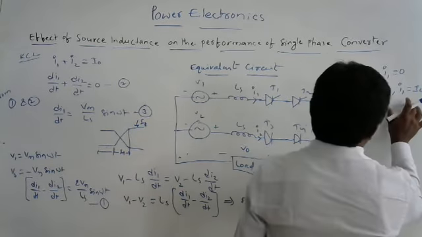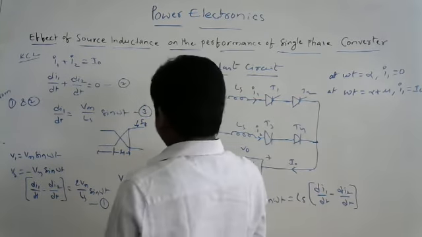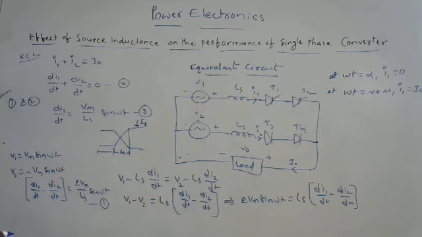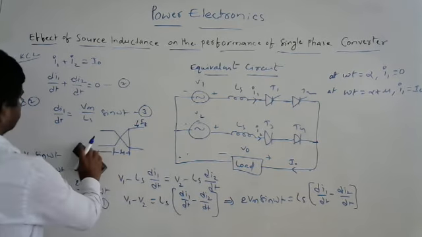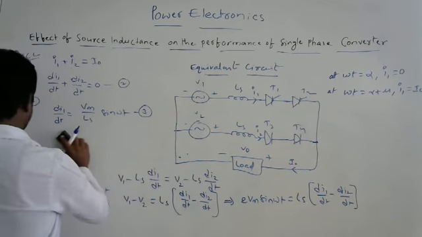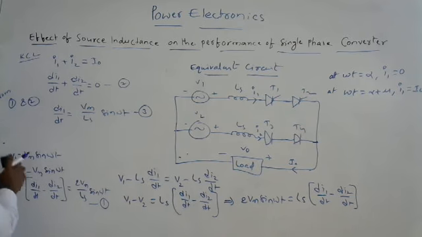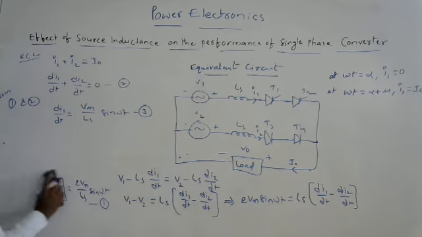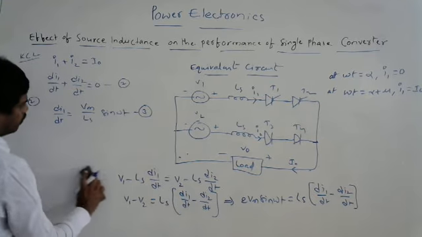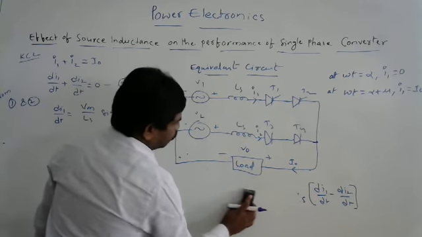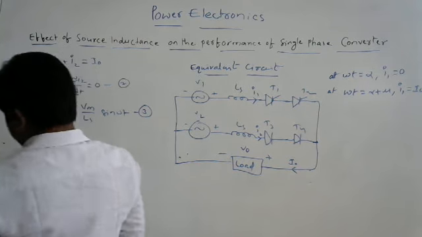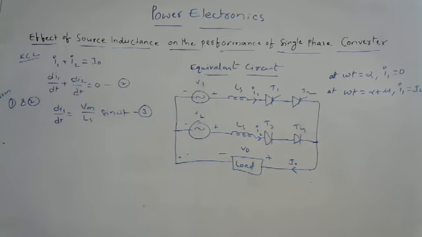So we substitute these two values in this equation: di1 upon dt is equal to Vm upon Ls sin omega t, by doing the integration. Then when I substitute the limits, you will get one equation for this.